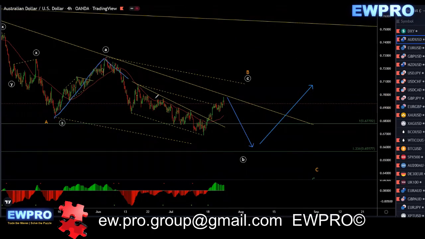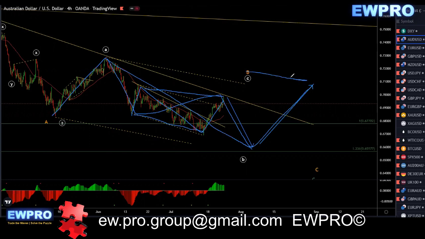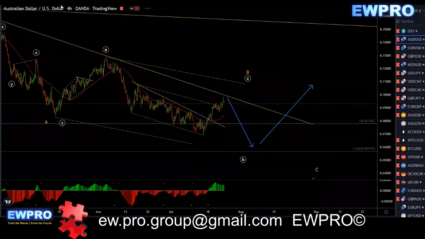We either get an A, all this is B, and we get the C up to finish off the daily B wave. Or this becomes more complex and we get an A, B, C in here for a running flat. Then we get the larger A, B, C finishing off the B wave. So there are a couple of different scenarios here.